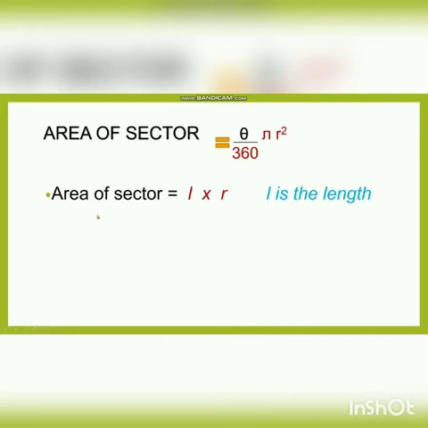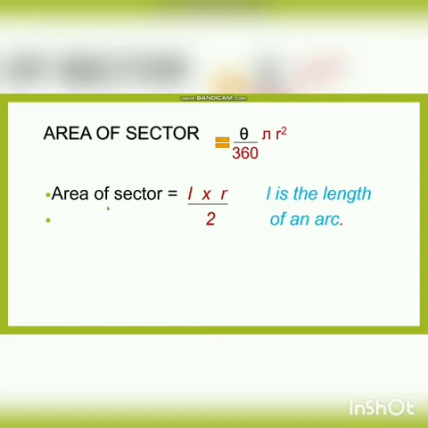Now again, for the area of a minor sector, there is a different formula you can see here: L into R upon 2, where small l is the length of an arc and r is the radius of the circle.